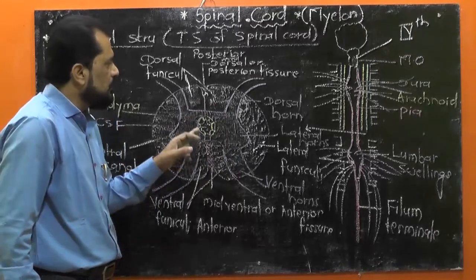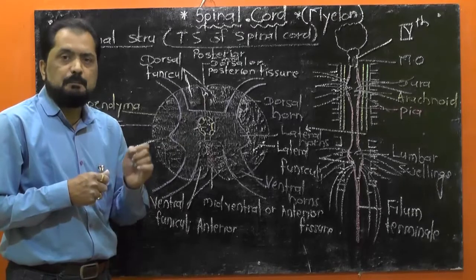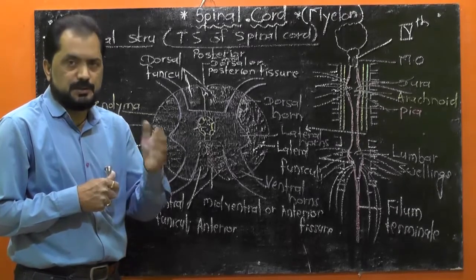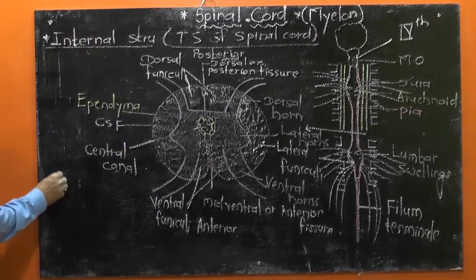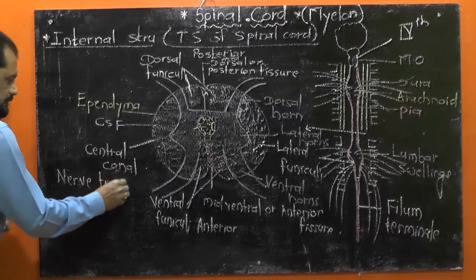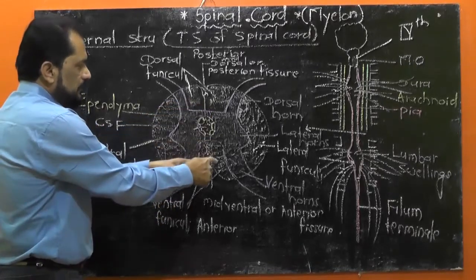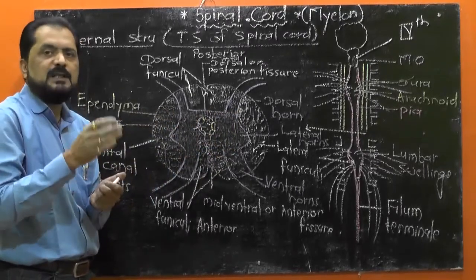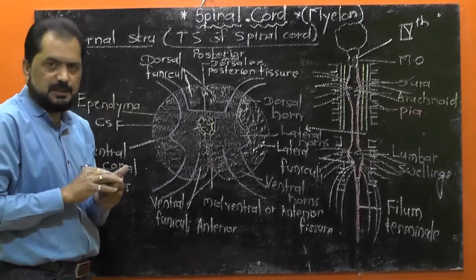Now, funiculi of white matter contain thick bands of myelinated or medullated nerve fibers, known as nerve tracts. या ठिकाणी डॉर्सल फ्युनिक्युलाय, वेंट्रल फ्युनिक्युलाय आणि लॅटरल फ्युनिक्युलाय मधून मायलिनेटेड नर्व फायबर्सचे थिक बँड्स हे पास झालेले असतात.